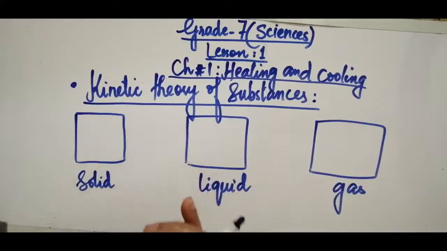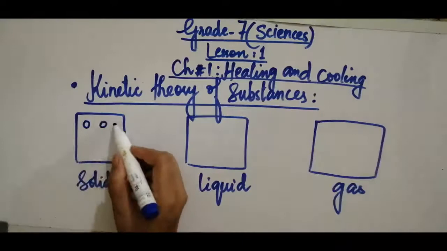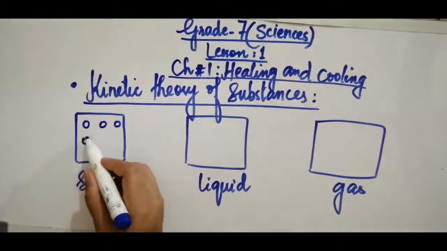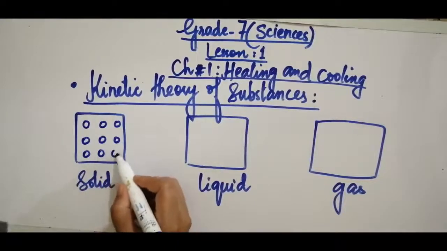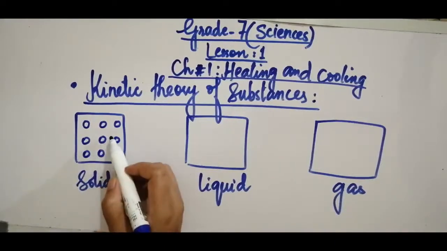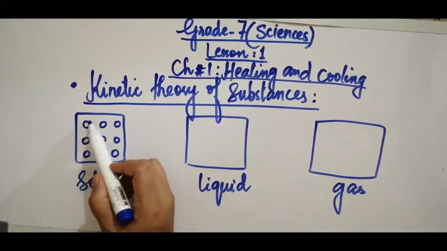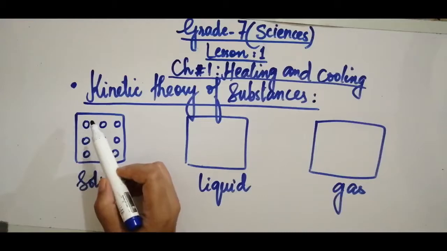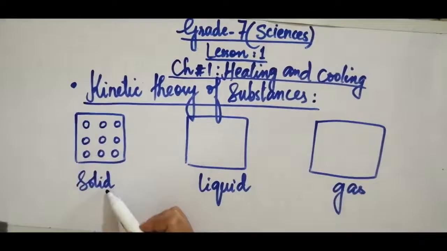Suppose these are the particles present inside the solid matter. They are present very closely to each other. They are not moving an inch from their place. Only the vibration they can show. No movement is seen in the solid.